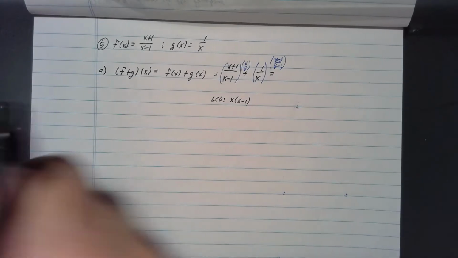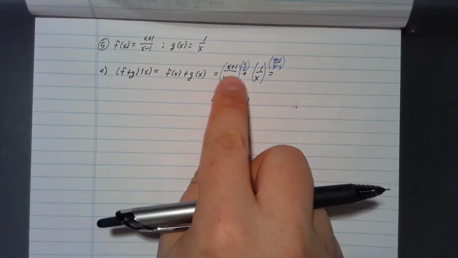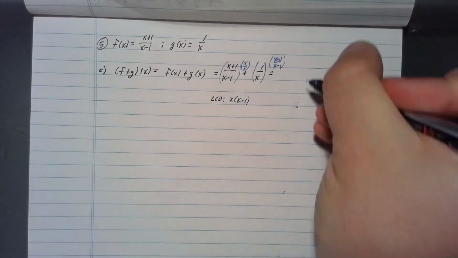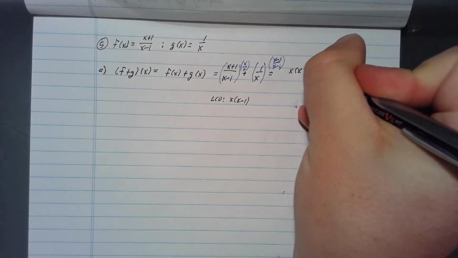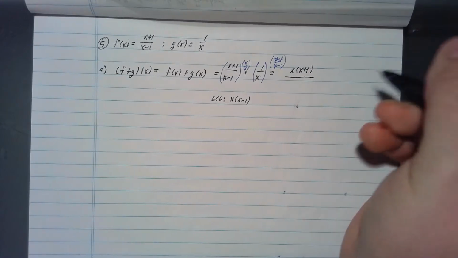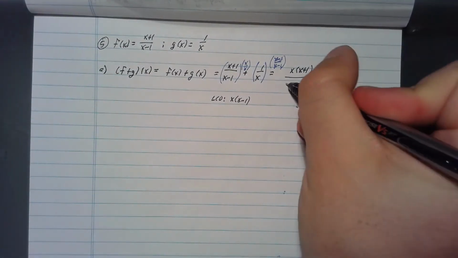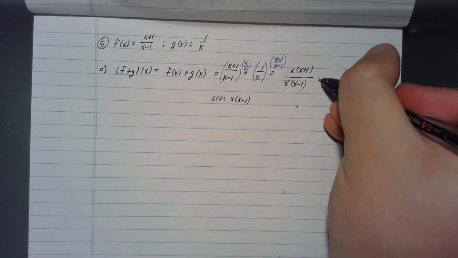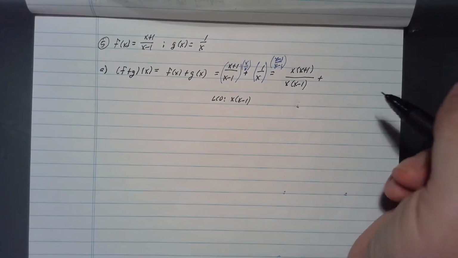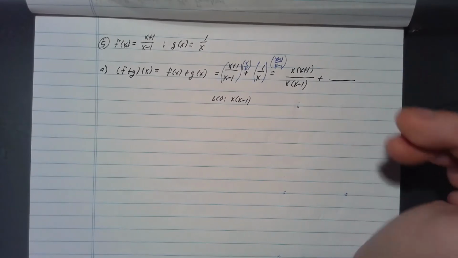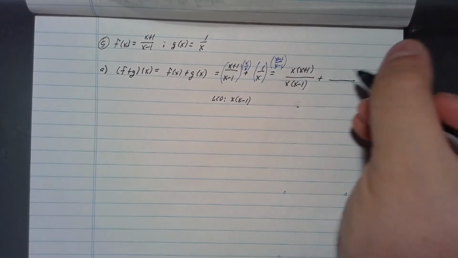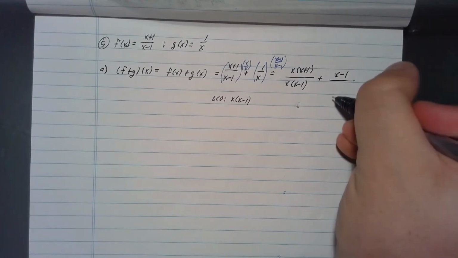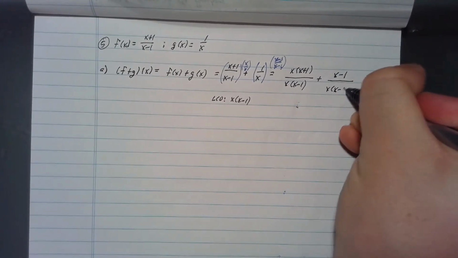So when you do that, you're going to get x times the quantity x plus 1 in the numerator, and that's going to be all over x times x minus 1 in the denominator, plus the second fraction, I'm going to have 1 times x minus 1 in the numerator, which is x minus 1. Then you're going to have x times x minus 1 in the denominator.